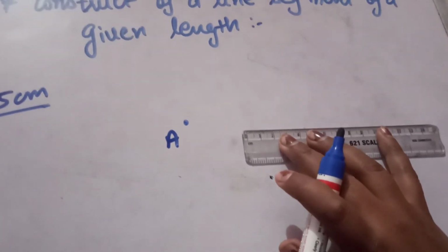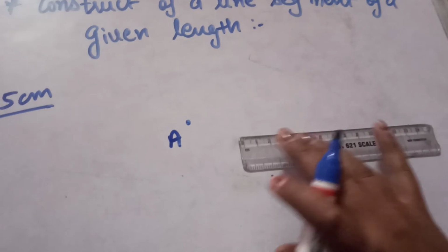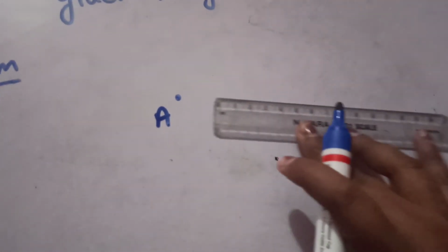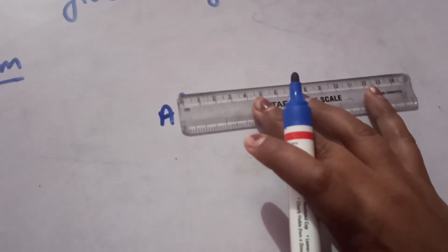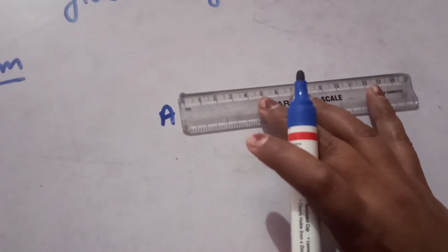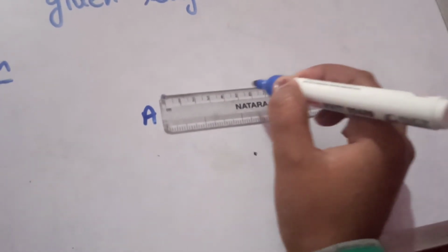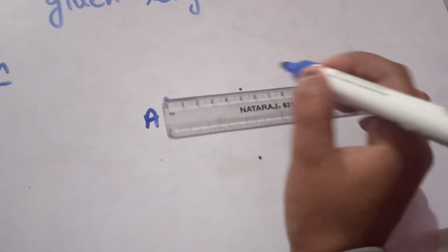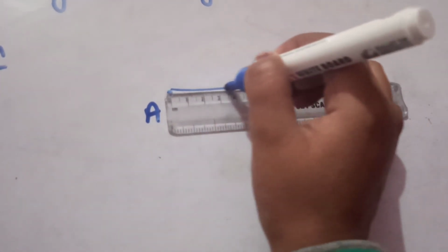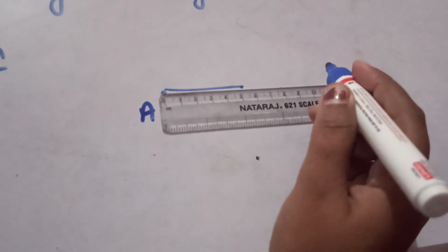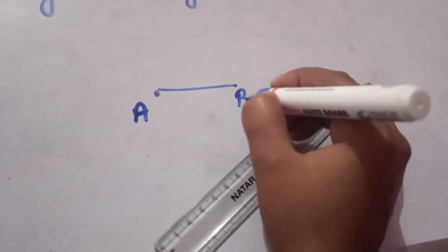Now place the ruler on the paper such that this 0 of the scale will be on point A, like this, right? Now third is, mark the point on the paper, this one 5 centimeter, so here. Clear? Now what we have to do? Just join it. Now this is AB of 5 centimeter.